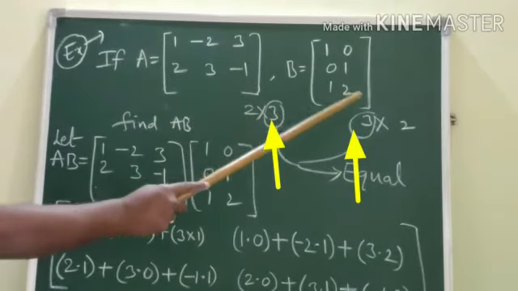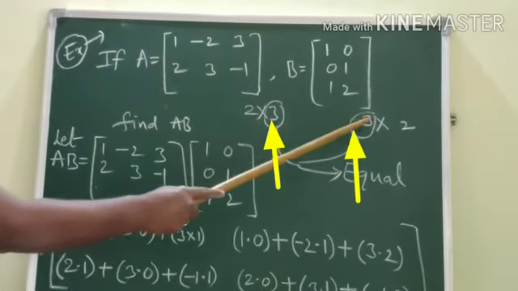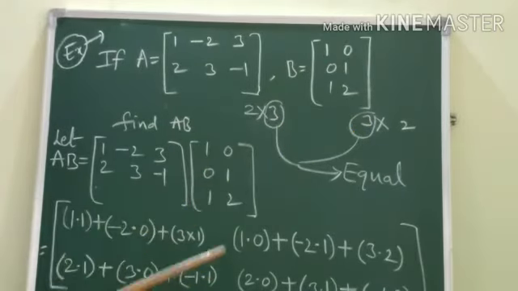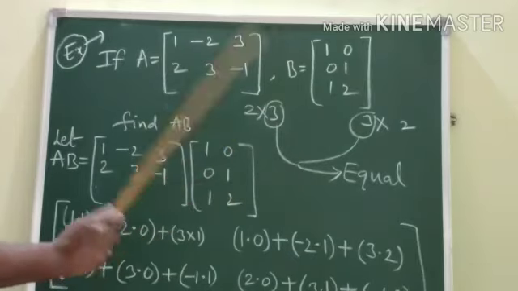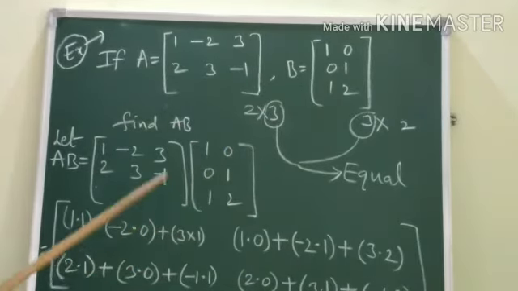The number of rows in B is 3. Is it equal or not? So, 3 equals 3. So, therefore, multiplication of AB is possible. And also one more thing, the final matrix order is 2 by 2. Why? Because we omit 3, 3. So the remaining 2 by 2 is the order of the final matrix.